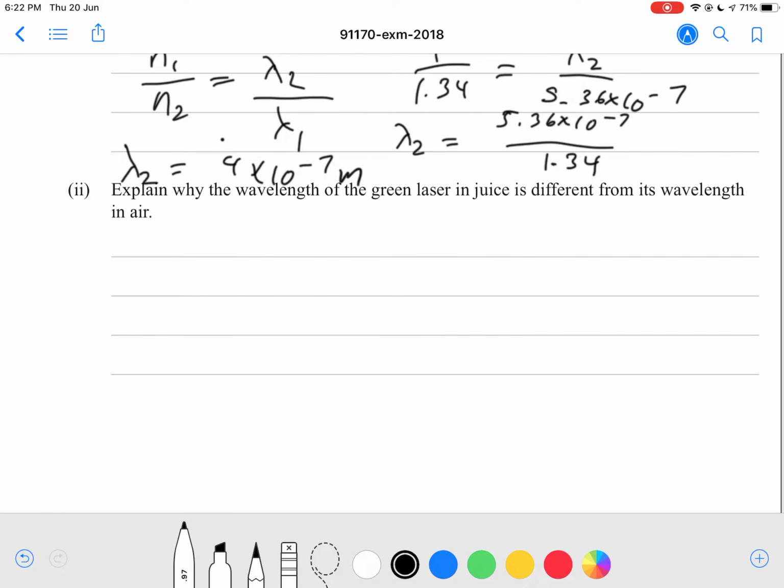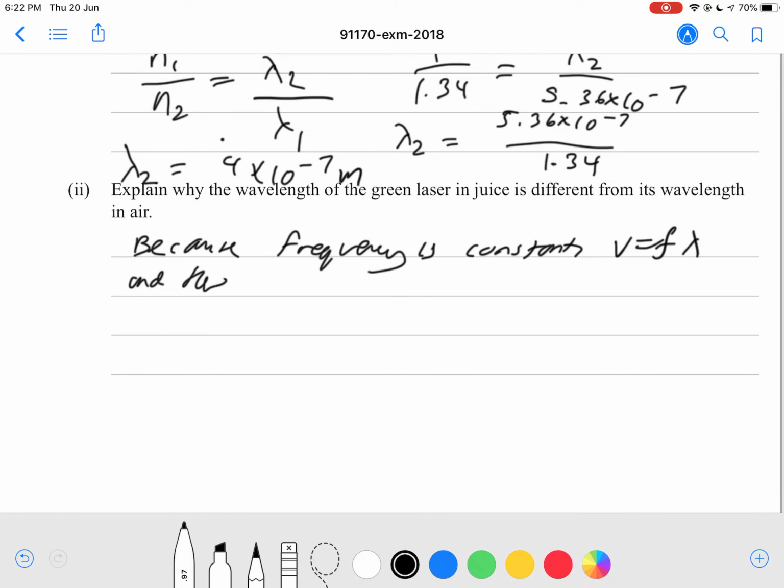So we'll simply say that because frequency is constant, v equals f lambda, and therefore v is proportional to lambda.